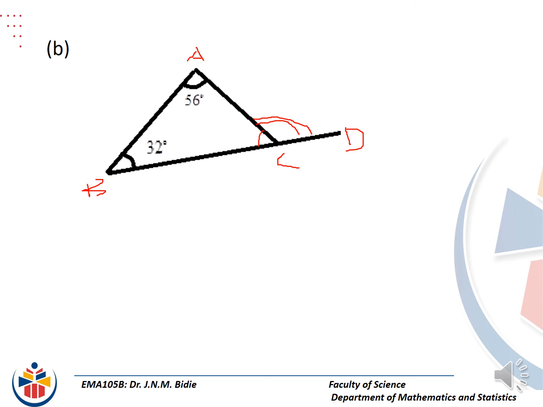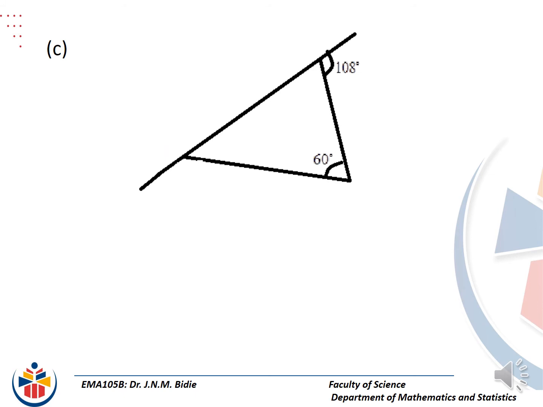So either way, either you use the exterior angle of a triangle equal to the sum of the two interior opposite angles, or we use the angles on a straight line to get the value for ACD.